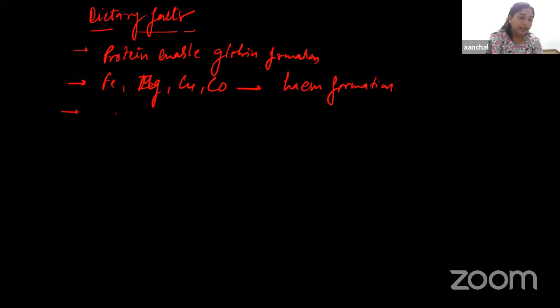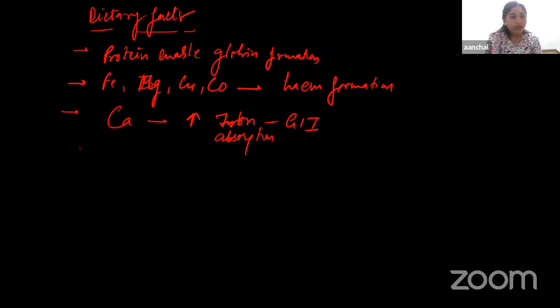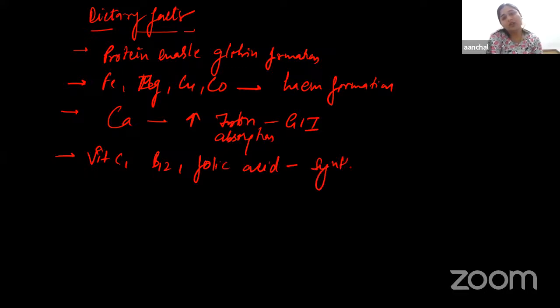Then calcium increases iron absorption from the GIT. And lastly, vitamin C, vitamin B12, and folic acid are useful in the synthesis of nucleic acid. Okay, so this is all about the dietary factor.